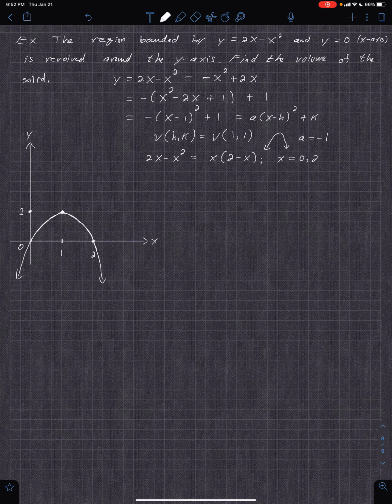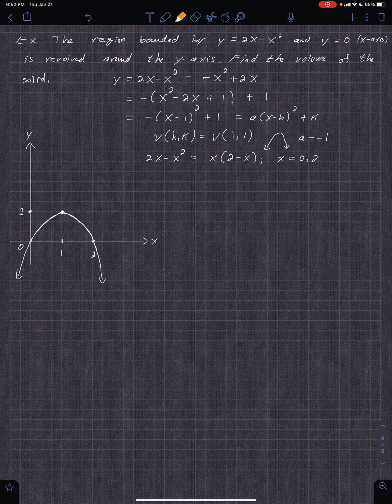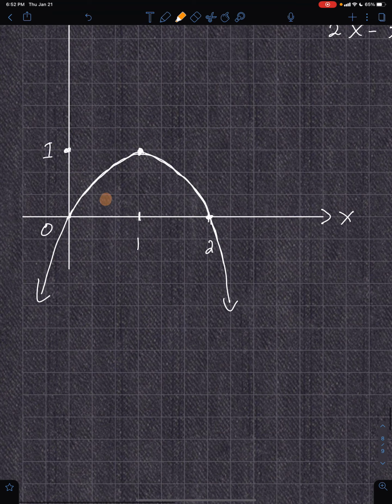Okay, just verifying how we had it. So that region is revolved about, actually I forgot. Hold on a second. What is that revolved about?